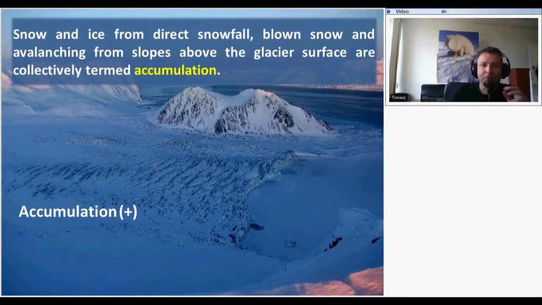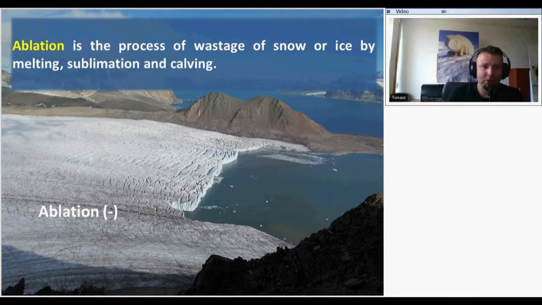Snow and ice from direct snowfall, also from blown snow, and avalanches that can come from surrounding mountains above the glacier are collectively termed accumulation. So if you add snow to the glacier, it's called accumulation. The opposite situation is called ablation, the process of wastage of snow or ice by melting, sublimation, or calving.